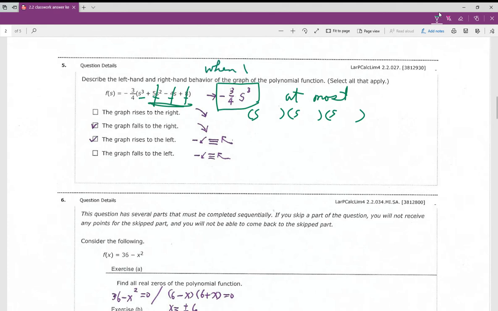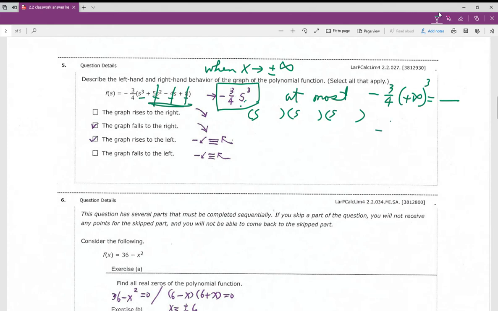When s goes to positive infinity or negative infinity, you may ignore those lower degrees. And then when s is positive infinity, you have negative 3/4 times positive infinity to the cube. So it will be negative. We only care about positive and negative, okay?